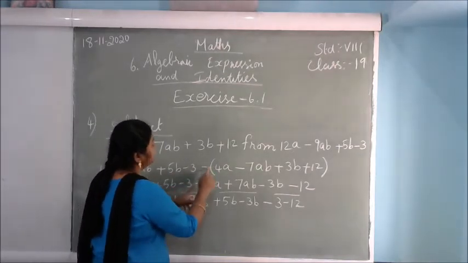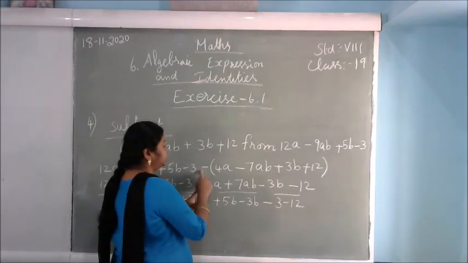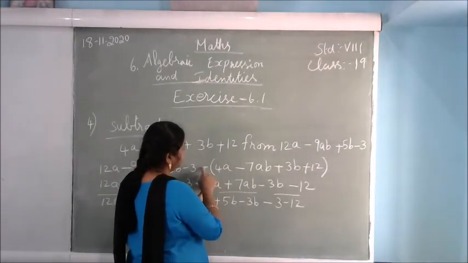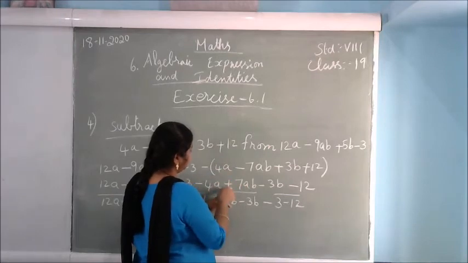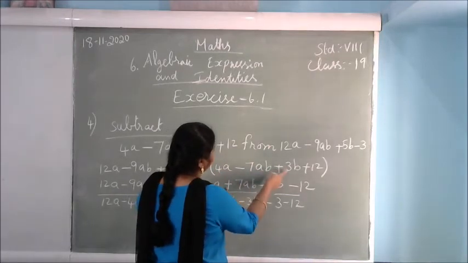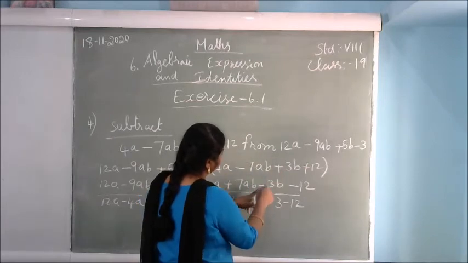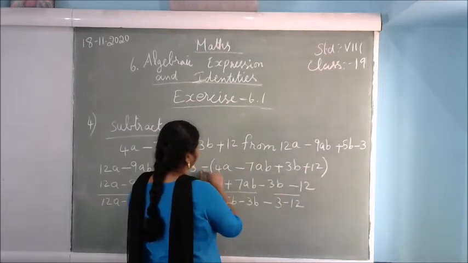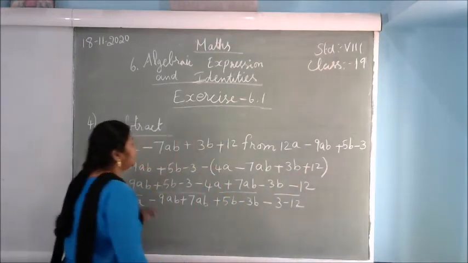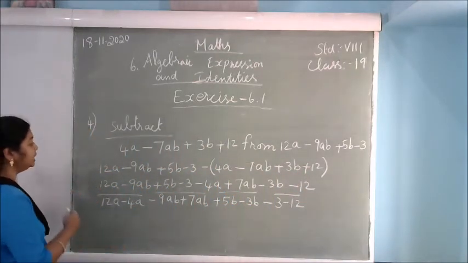This minus and plus will multiply. Minus into plus is minus, so minus 4a. Then minus into minus is plus, that's why here I wrote plus 7ab. Minus into plus is minus, so minus 3b. And minus into plus is minus, so minus 12. Afterwards you have to separate the like terms.